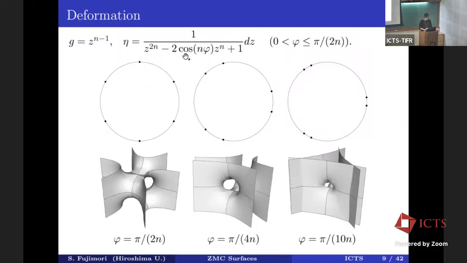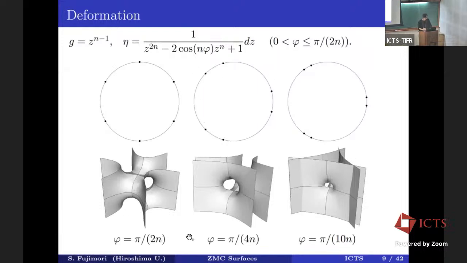When phi is pi over 2n, the surface is the original Karcher tower. When phi gets smaller, there is symmetry breaking, and the ends are located this way.